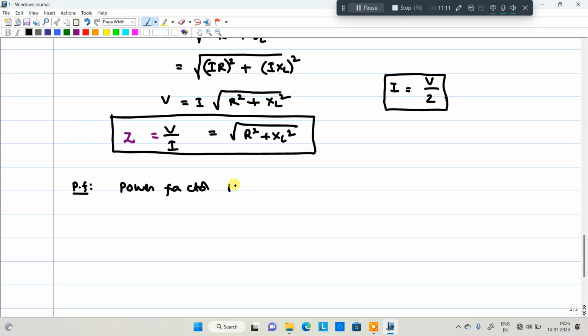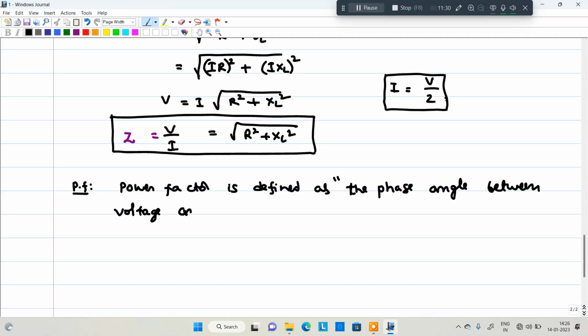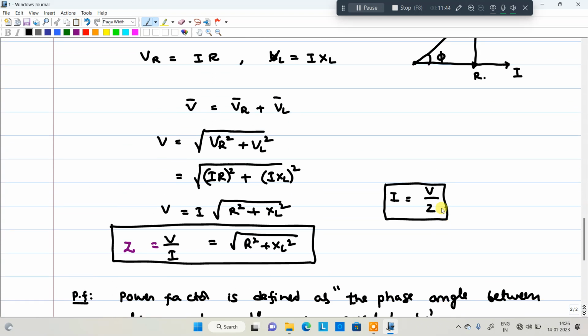Power factor is defined as the phase angle between voltage and current. It is represented by phi. Sometimes theta also, no issue.